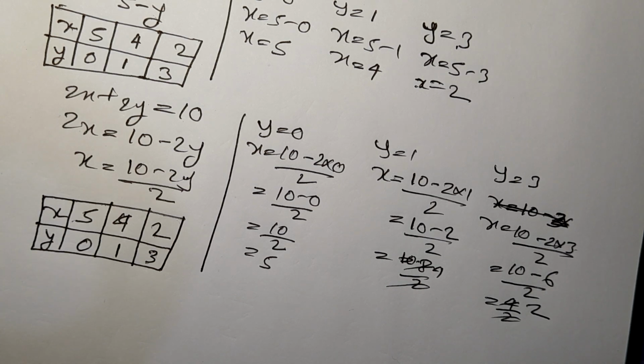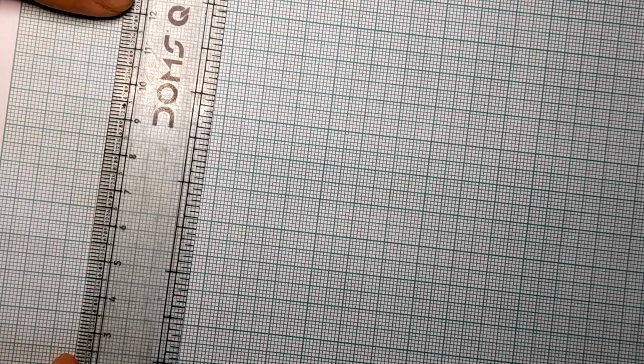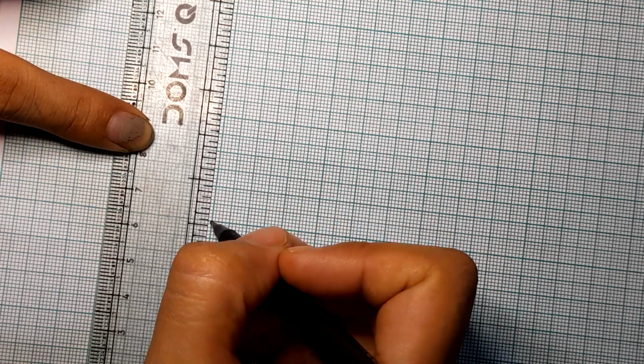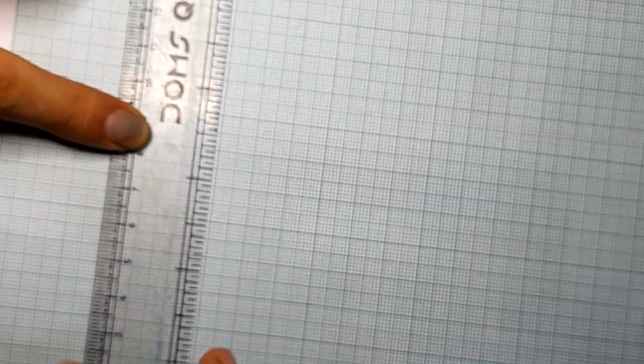Now it's time to plot in the graph. So take the small division as 1. Highest is 5. 1 2 3 4 5.